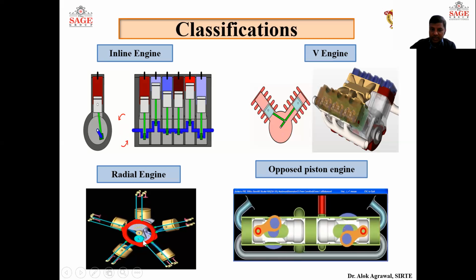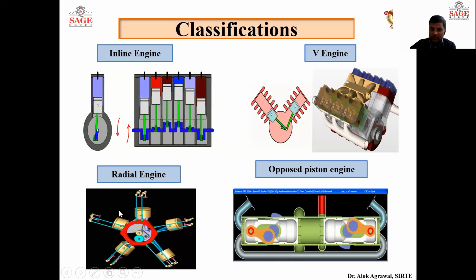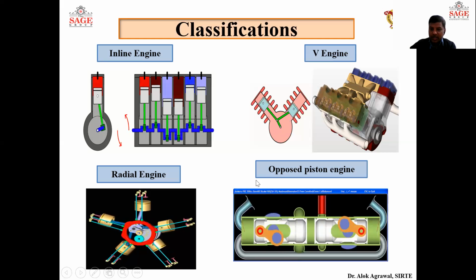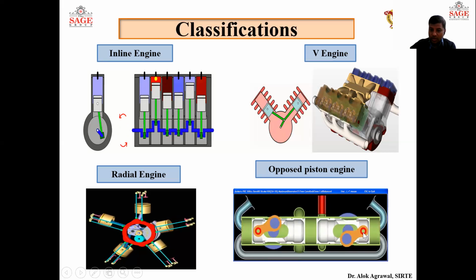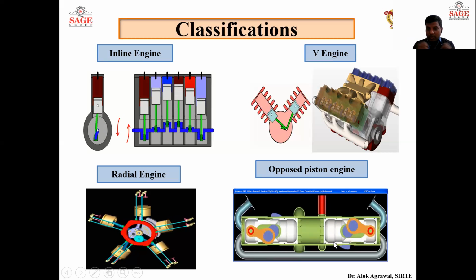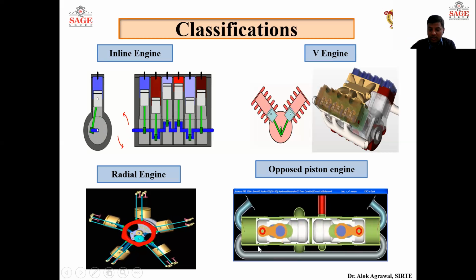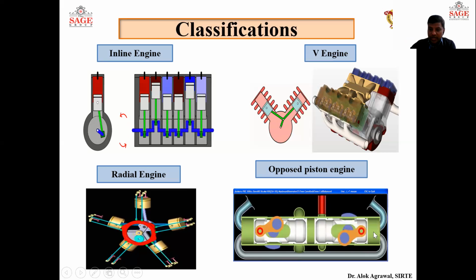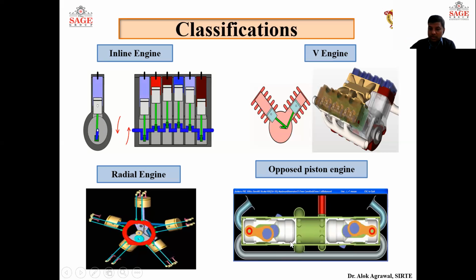Next is radial engine. If the piston moves radially inside the cylinder, we call it a radial engine. And finally, opposed piston engine, when the pistons are coming near and going out, opposed, that is called an opposed piston engine. Here the combustion phenomena takes place on both sides, and we are taking energy from this combination.